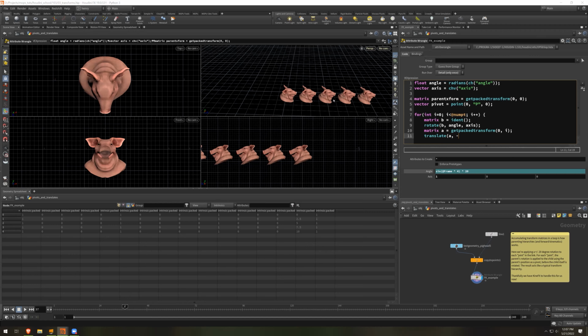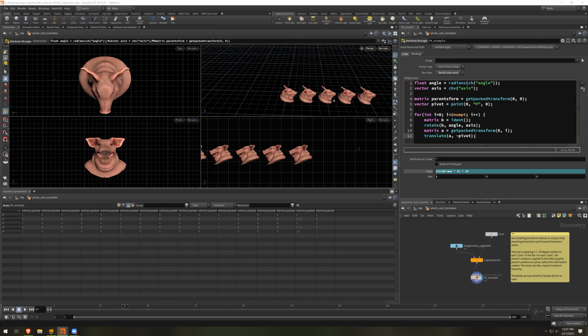So I could just say translate a negative pivot, but translate is going to apply in the wrong space. It's going to consider all of the rotations that are applied to this matrix when we do the translation, and we won't want to do that. We're fetching our pivots, our point positions, in world space.